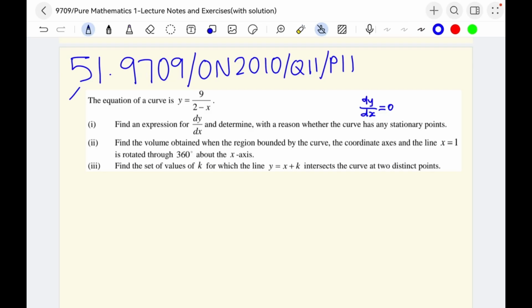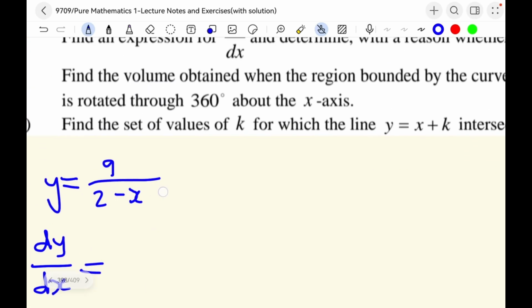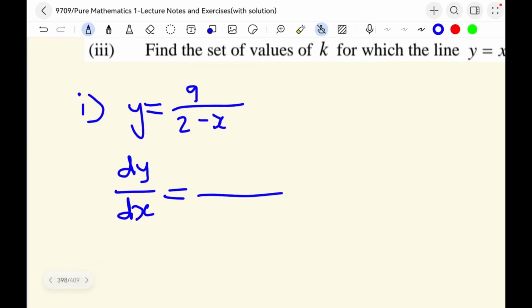Okay? So let's begin. First part, y equals 9 over 2 minus x. dy/dx is to take the first derivative, or you differentiate it once. What will we get? It's negative 9 over (2 minus x) squared. Okay, that's one of the answers in this part.